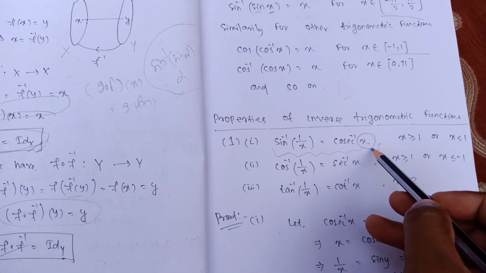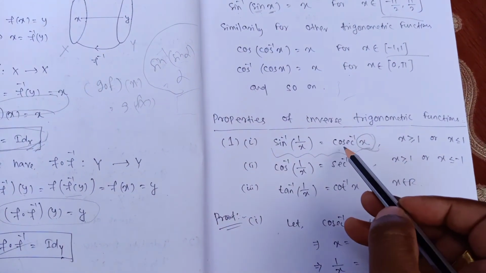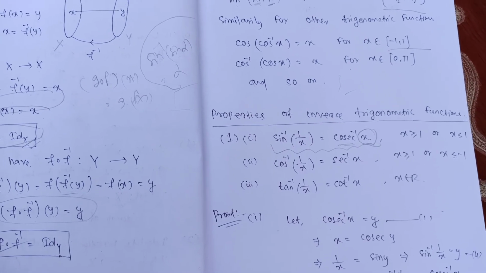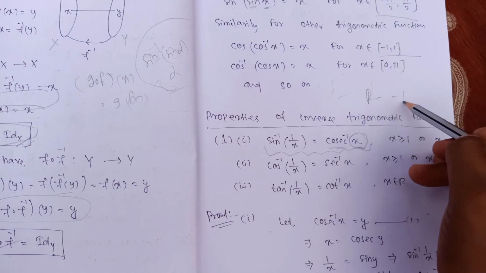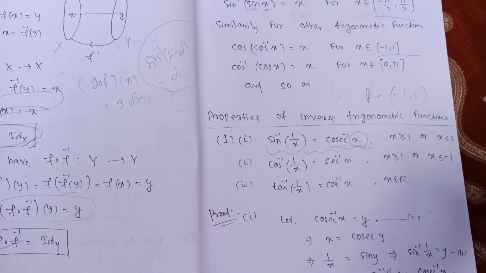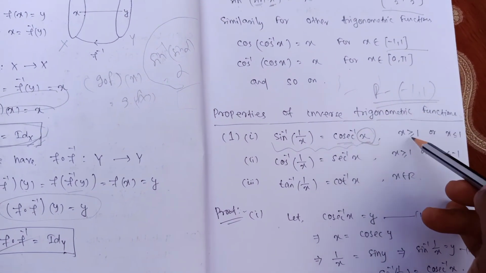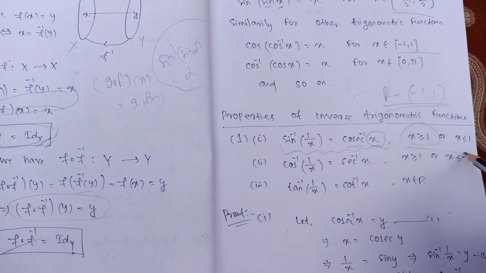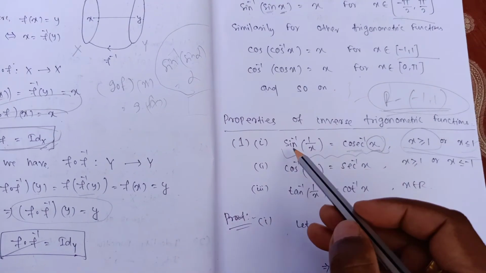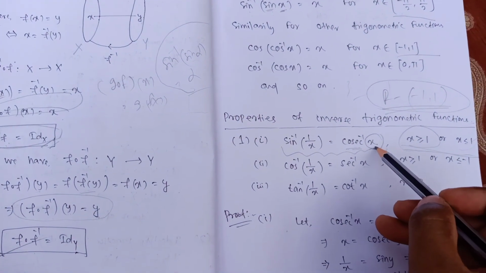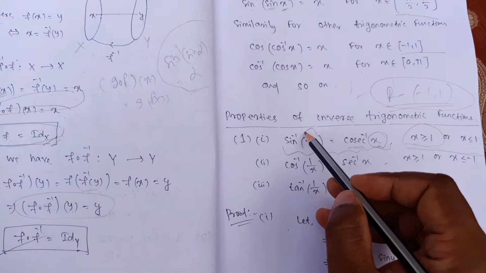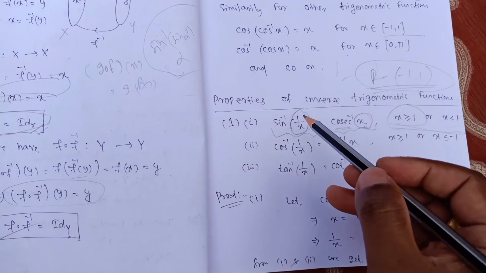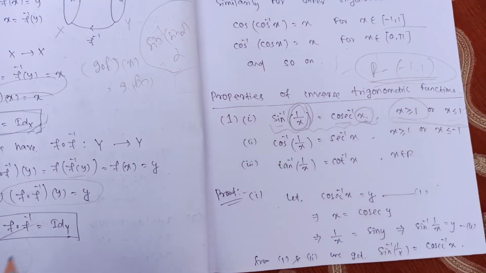Cosec inverse of x means that x must belong to the domain of cosec inverse, and the domain for cosec inverse is R minus the open interval minus 1 to 1. This is nothing but x greater than or equal to 1 or x less than or equal to minus 1. These two represent the same thing. And if x is greater than 1 or less than minus 1, then definitely the reciprocal is always in the closed interval minus 1 to 1, so it belongs to the domain of sine inverse.